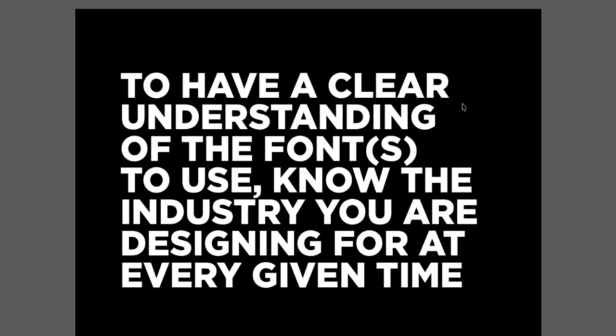It depends on what your client wants at that particular time to pass out his or her message. So have an understanding of the industry you are working for and know the fonts that are acceptable in that industry. It will help you a lot in becoming a great graphic designer who understands the usage of fonts.